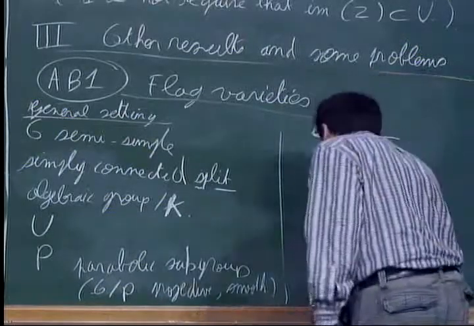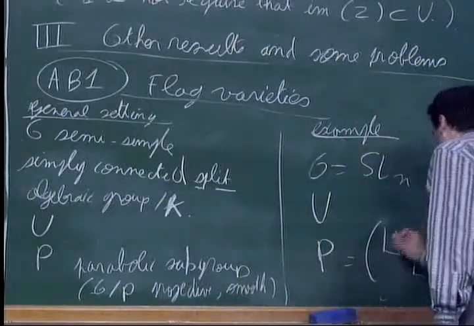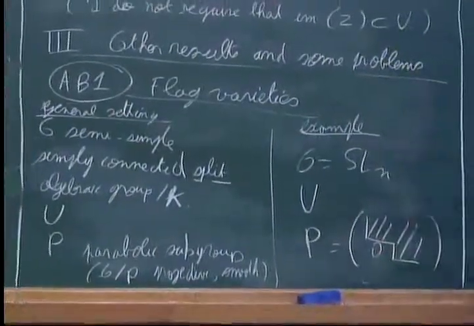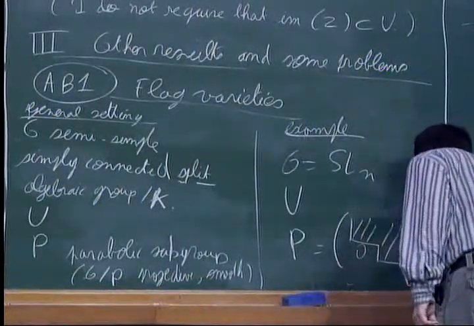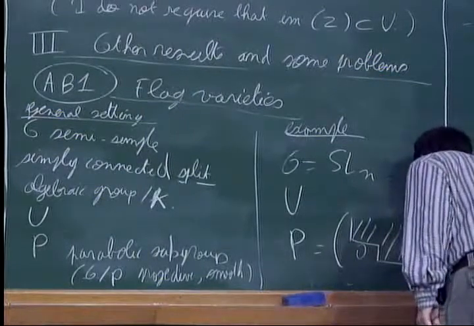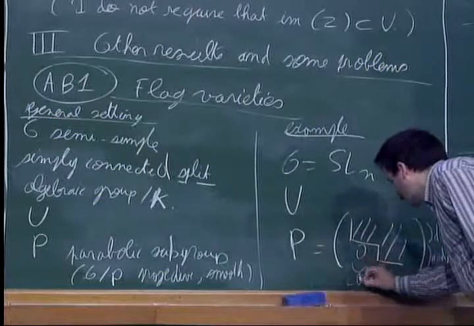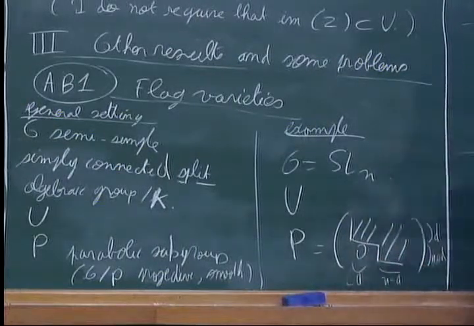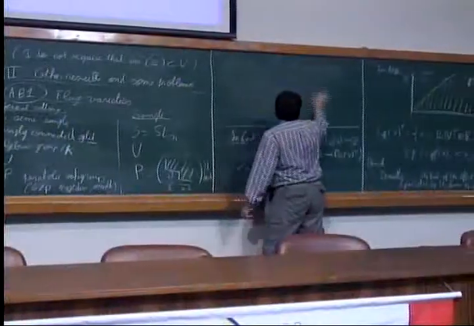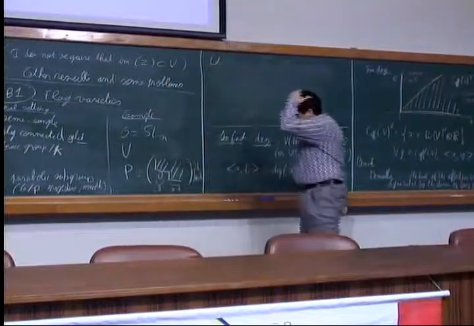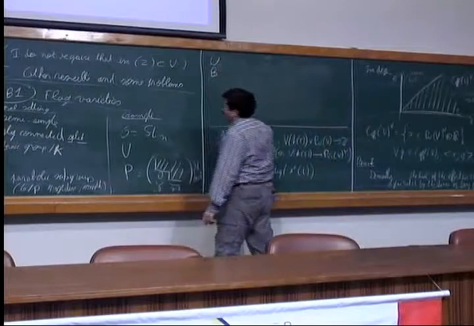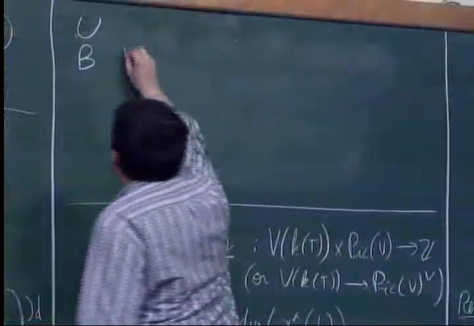Okay, so as an example, I take simply P to be upper triangular matrices by block with size d and n minus d. And since I have assumed that the group is split, I shall assume that in fact P contains a split Borel subgroup.